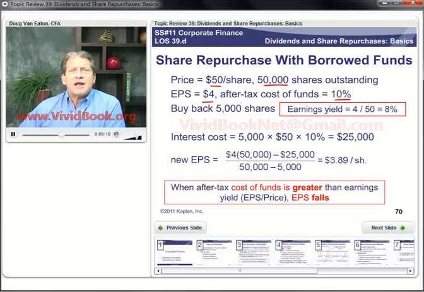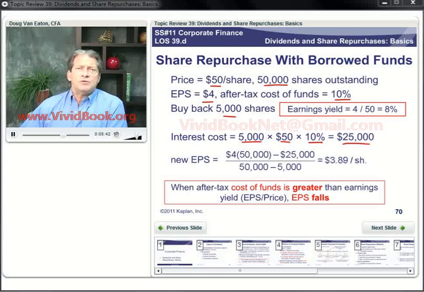So if we buy back 5,000 shares, our interest cost is going to be 5,000 shares times the $50 a share times the 10%. So that's $25,000 a year in interest costs on these borrowed funds.